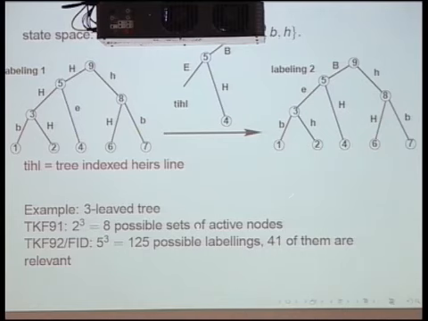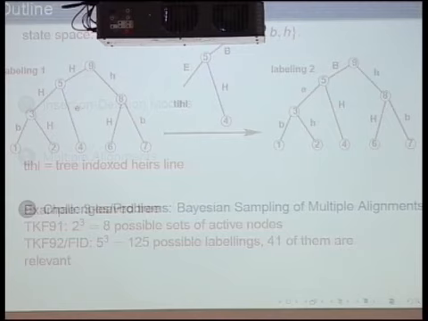For example, if you just have an unrooted tree with 3 leaves, then there are 8 possible sets of active nodes if you apply the Felsenstein model of 91. But if you want to apply this thing, then there are 125 possible labelings around, and 41 of them are relevant for the process. So it's even more time-consuming to compute this.